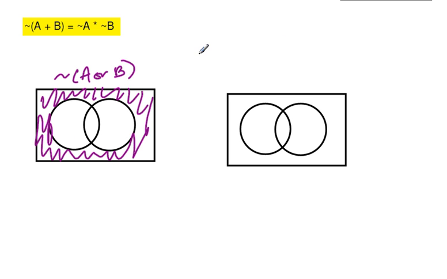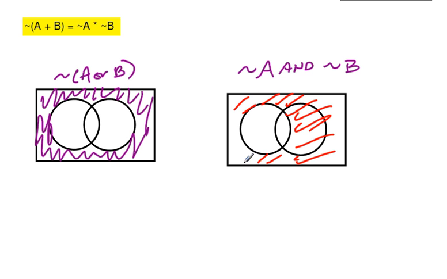There we go. And on the other side, we're going to say not A and not B. So let's see, well, what's not A? Let me use some different colors. Not A is everything outside of A. And then not B is everything outside of B. All right, so everything outside of B. There we go.